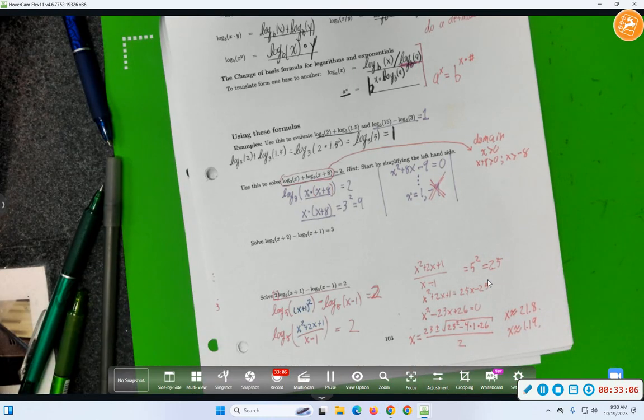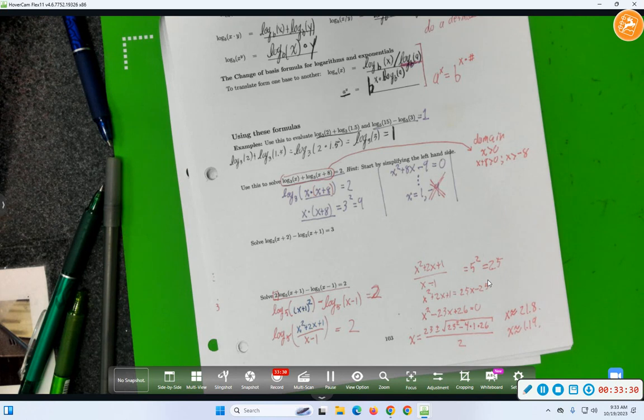All right. So, what do you think? Are both of those going to be solutions? Well, we should check anyway. There might be a domain issue. For this to make sense, x plus 1 has to be positive, so I guess that means x has to be bigger than negative 1.